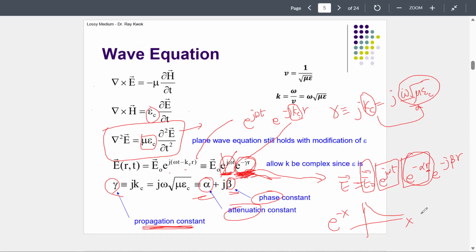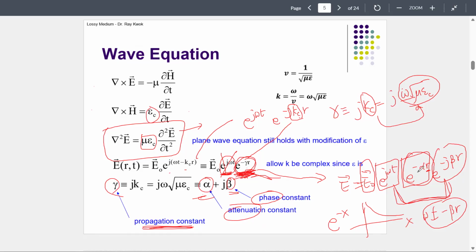The longer the distance traveled, the smaller the amplitude becomes. This one is nothing more than my omega t minus beta r, or kr. This part together forms the traveling wave.